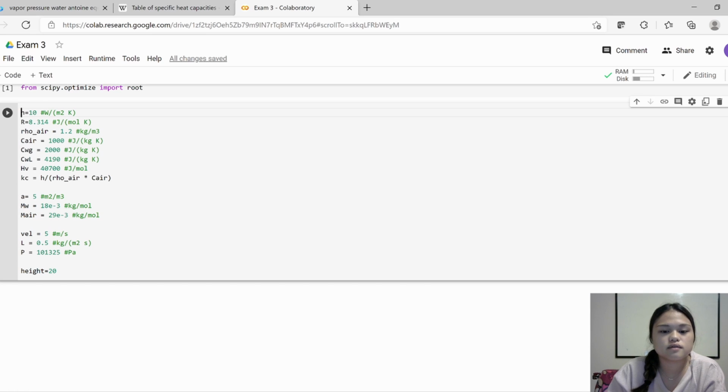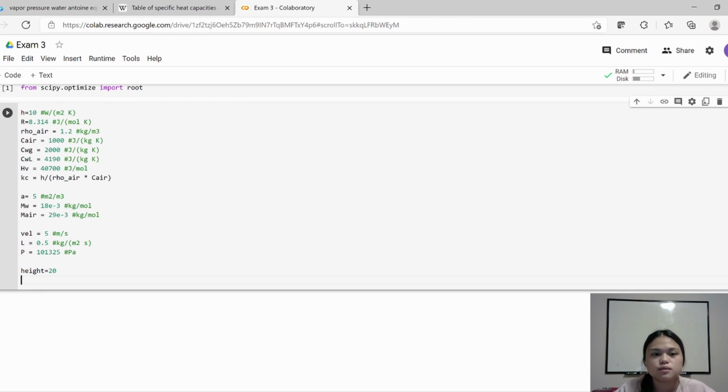And then the velocity for that air coming into the tube is just 5 meters per second, and the liquid flow rate for the water is in kilograms per meter squared per second, and just the atmospheric pressure, so the pressure for that feed air is 101,325. And then the height, the length of the column of that cooling tower is just going to be 20.